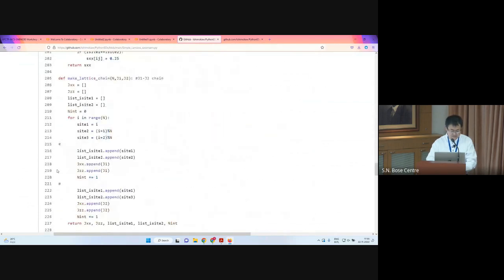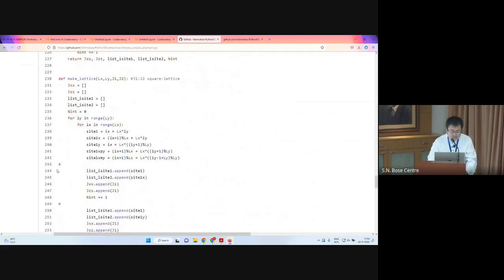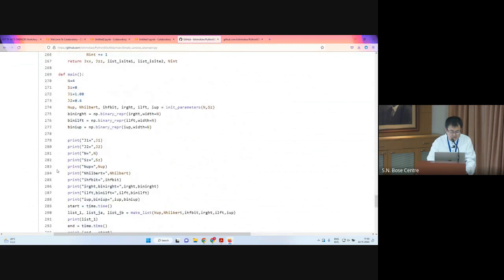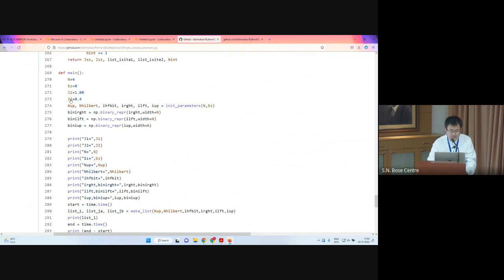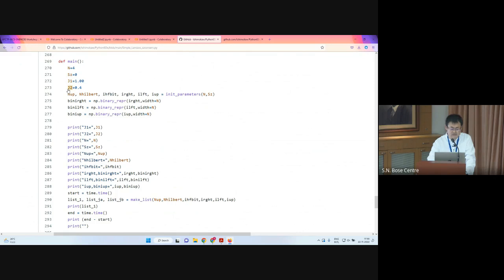So let's start from the main routine. In the main routine, we are just setting the needed parameters, such as the number of spins, and Sz means the total Sz value, and J1 and J2 are the nearest neighbor and the next nearest neighbor interaction.